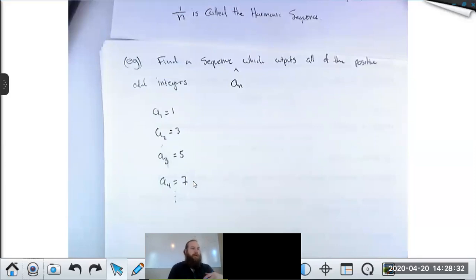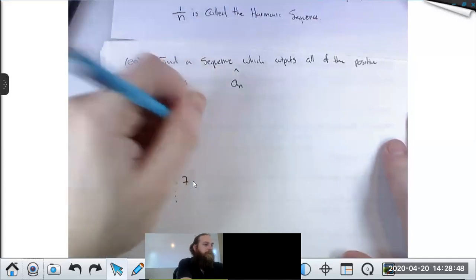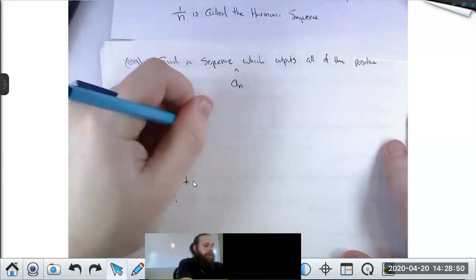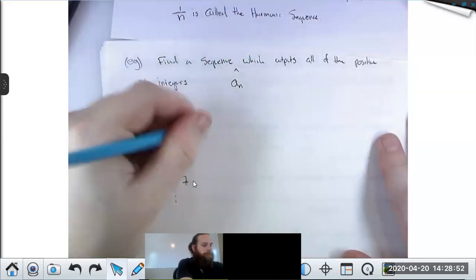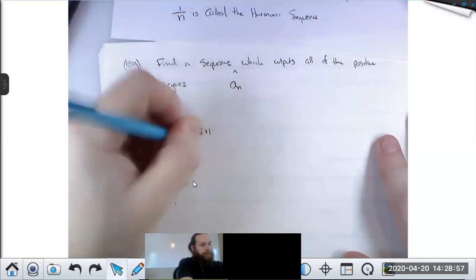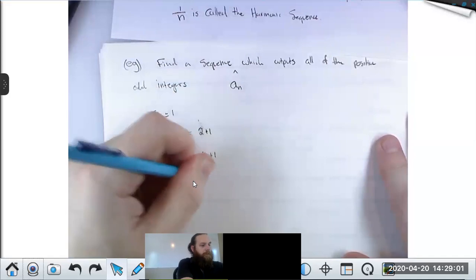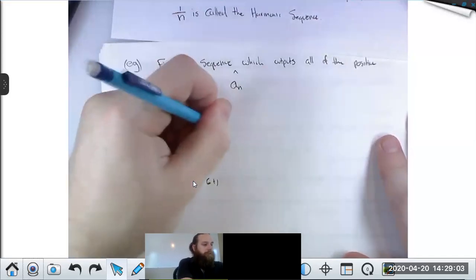So one common task is to be given a list like this and asked to come up with an algebraic representation for that sequence. Find a formula, right? I think the nice observation here is that 3 is 2 plus 1. 5 is 4 plus 1. 7 is 6 plus 1.